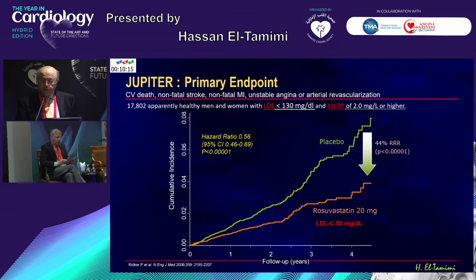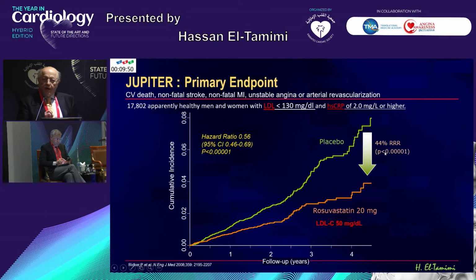And then you have the JUPITER trial, which I like a lot because it adds a layer of benefit of statin. This is a primary prevention, big trial, not very high LDL, but those patients have high CRP. They have inflammation. And with 20 milligrams of Crestor, look at the impact on reducing outcome, 44%.